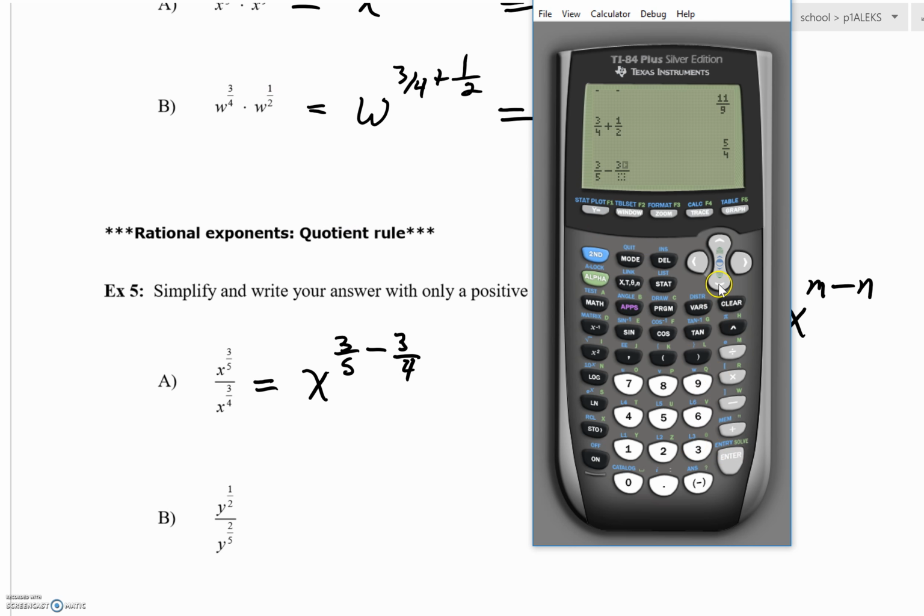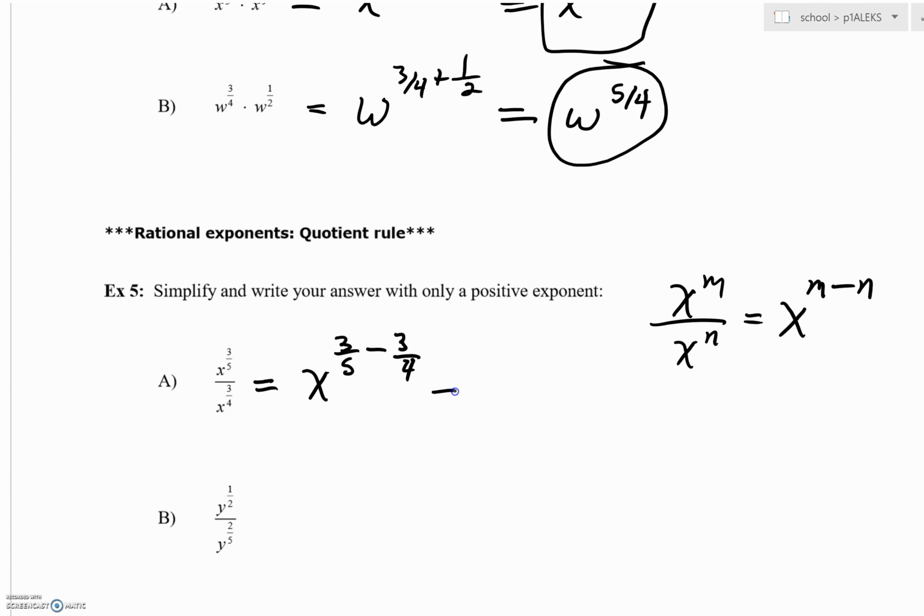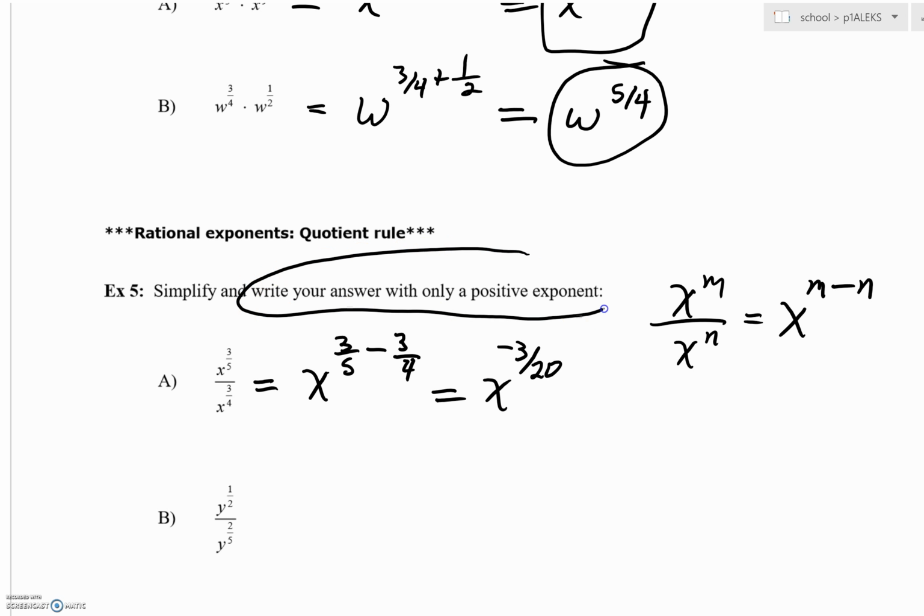You can see that actually your answer in this case is going to be negative. You'll get x to the negative 3/20. But watch out. You want to write your answer, as we read in the directions here, with only a positive exponent.